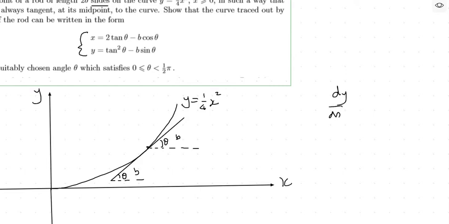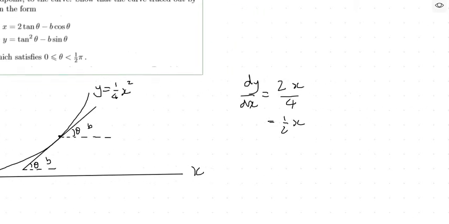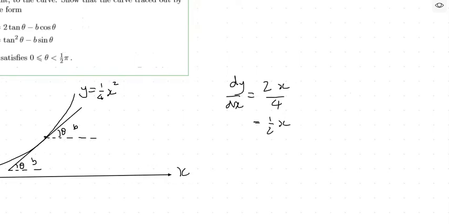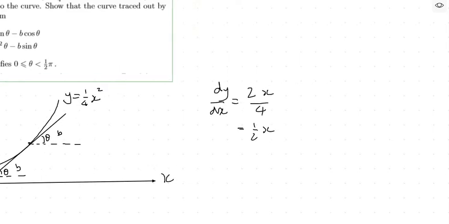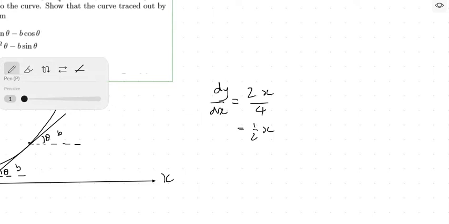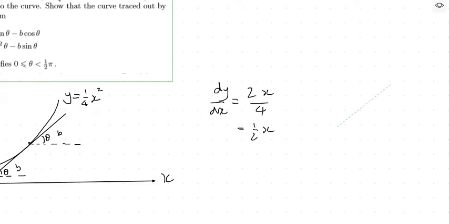Dy by dx of the curve is equal to 2x over 4, so it's equal to half x. And what's the relationship between a triangle like this?